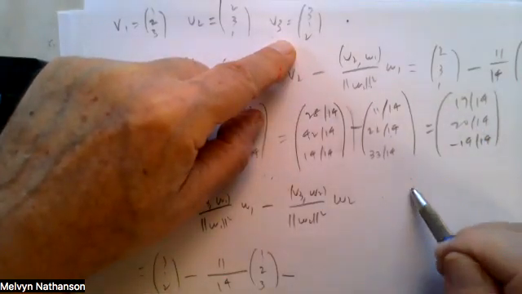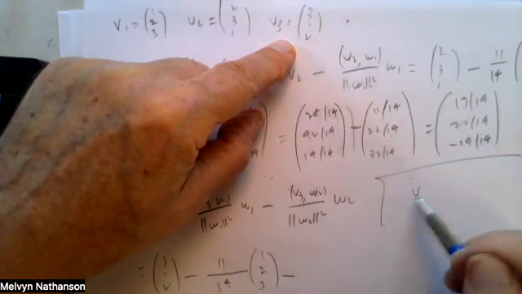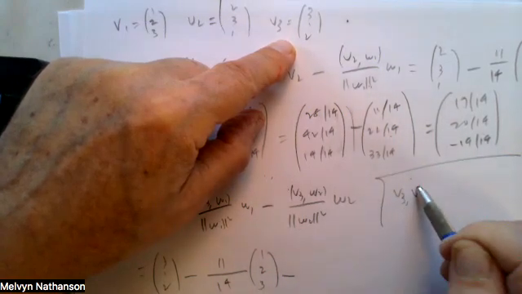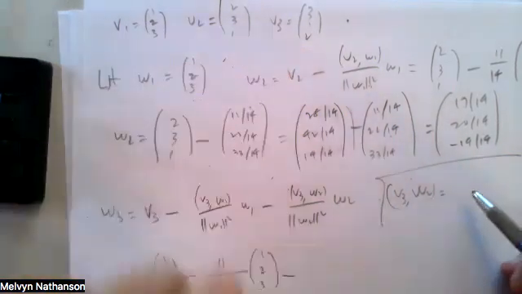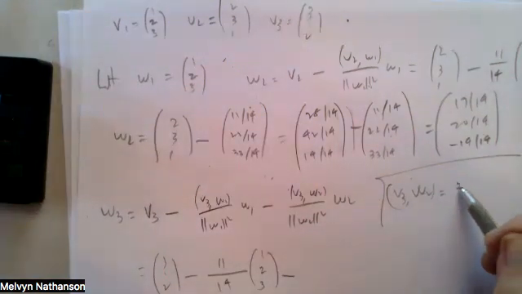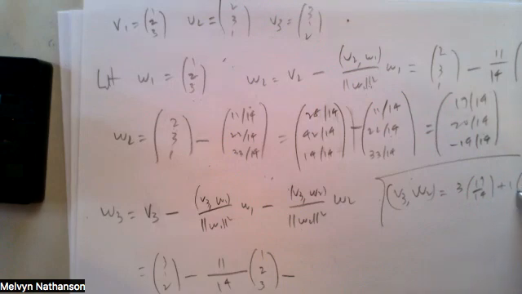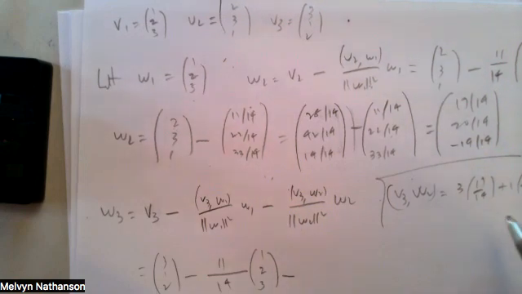Let me just write it over here. The inner product of V3 and W2 is going to be 3 times 17 over 14 plus 1 times 20 over 14 plus 2 times minus 19 over 14. So that's 51 plus 20 minus 38 over 14.